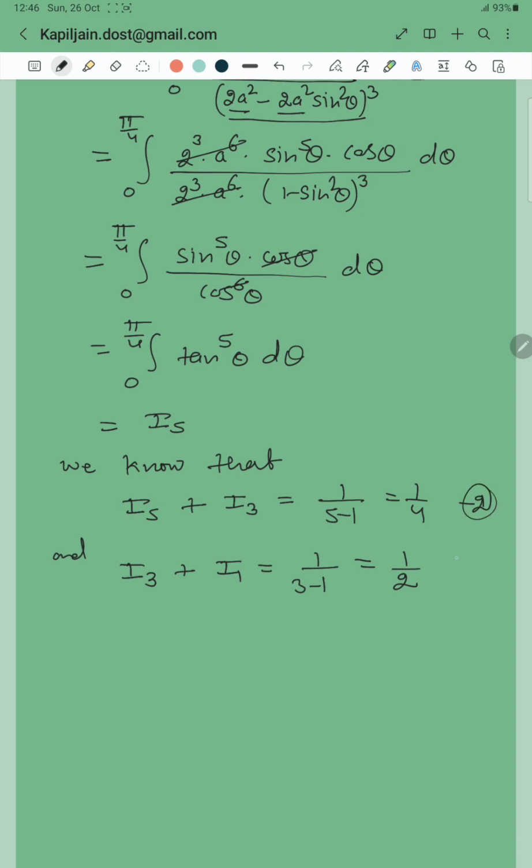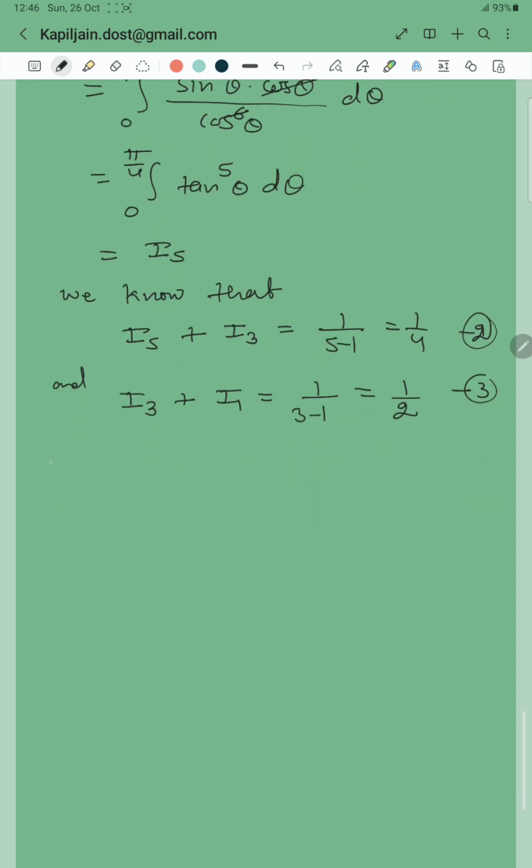So let's say this is equation number 2 and this is equation number 3. So subtract equation 3 from equation 2. We get I5 minus I1 is equal to 1 by 4 minus 1 by 2.